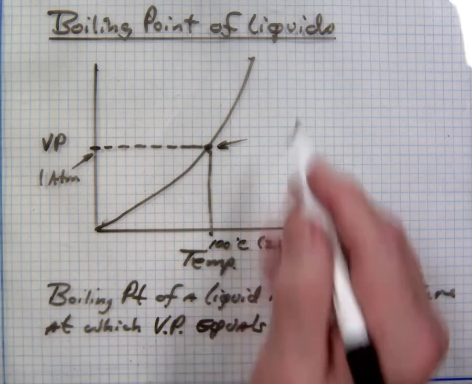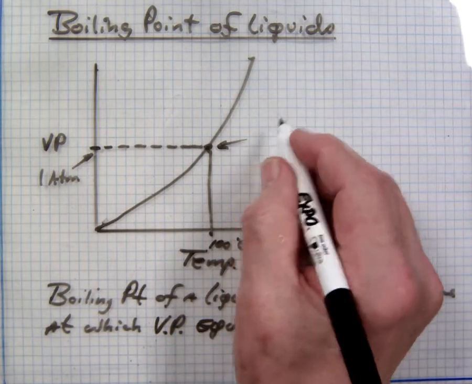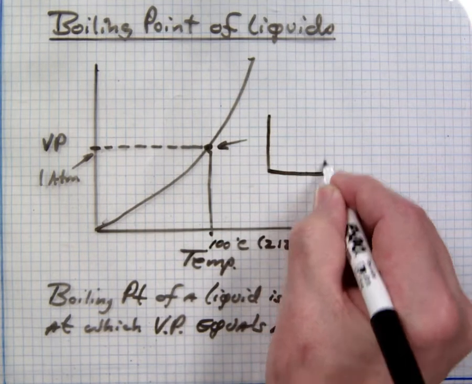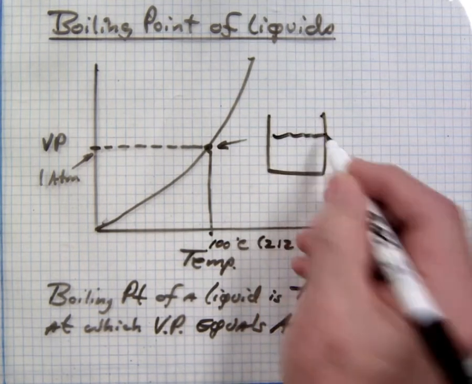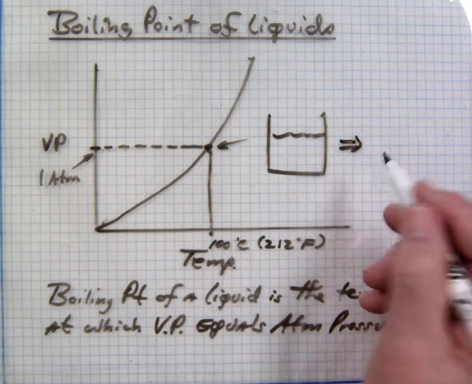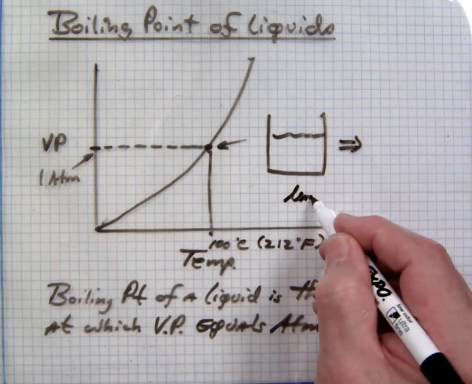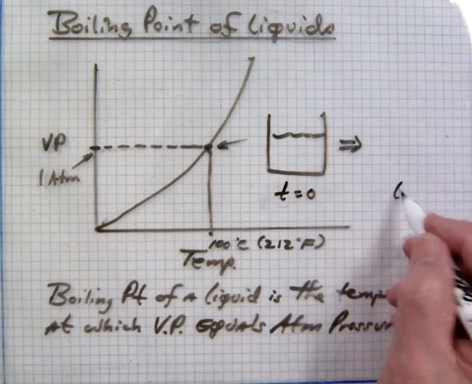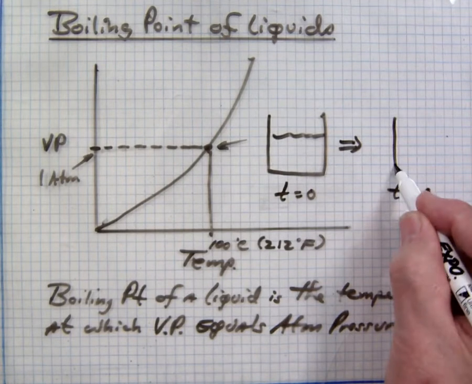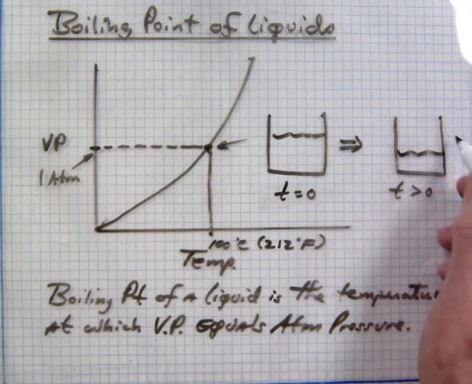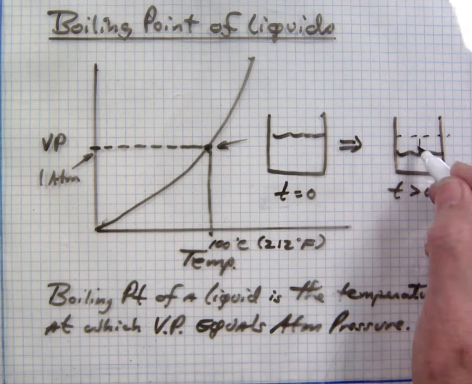Some people may not know this, but if you started with pure water, a liquid right here with no impurities in the solution, then over time, say time equals 0 and time greater than 0, it would evaporate smoothly from here down to here.